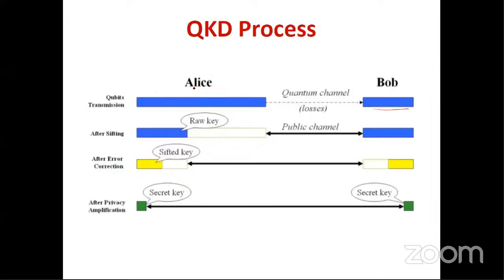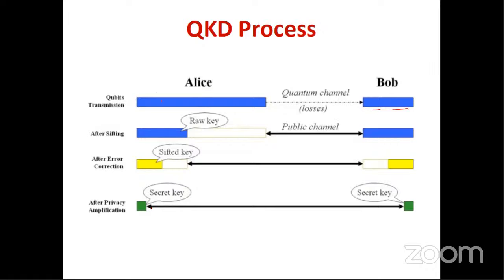So in the first step, Alice is sending photons to Bob, and then they will discuss something on a public channel and will be able to derive a secret key between these two. How these things are done in detail, we will see. This part is common for both of them. Then they will do some error correction to get a common key, and then some verification and other things. Finally, they will have only a small portion of the key with them.